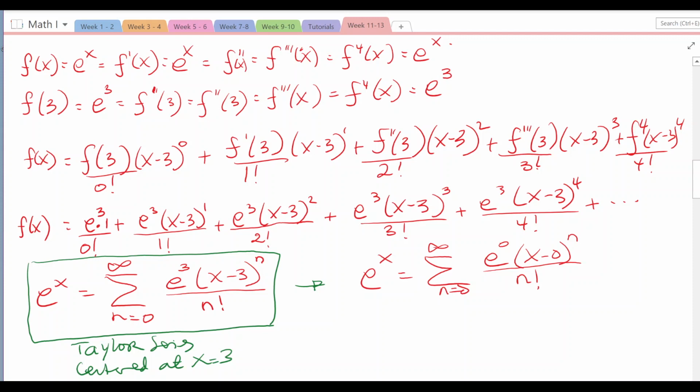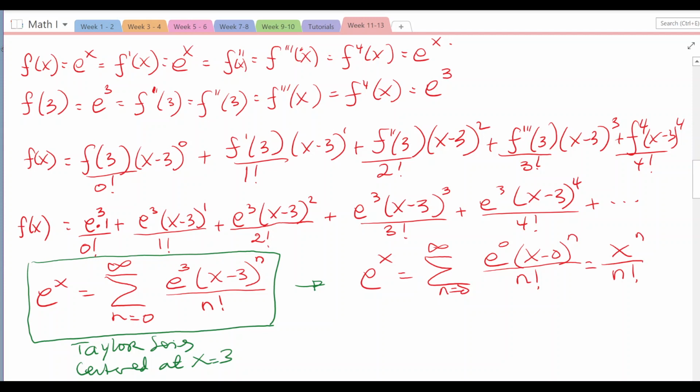Because the Maclaurin series is centered at 0, the whole thing will simply be e to the power of 0, which is 1, times x to the power of n over n factorial.